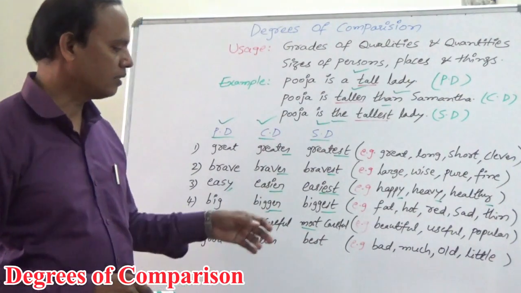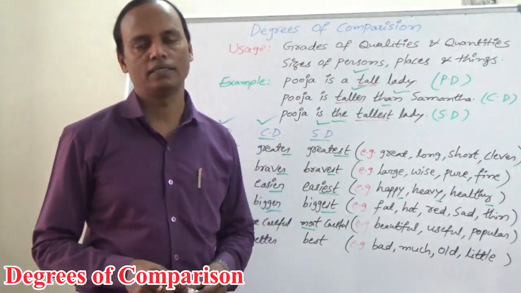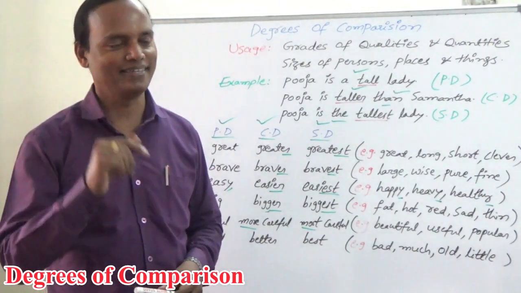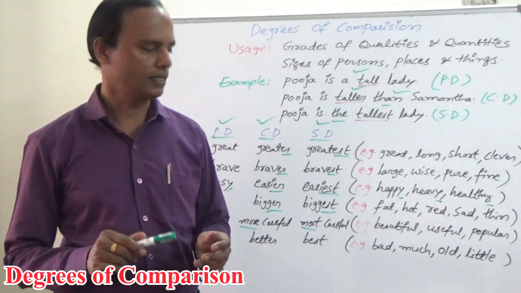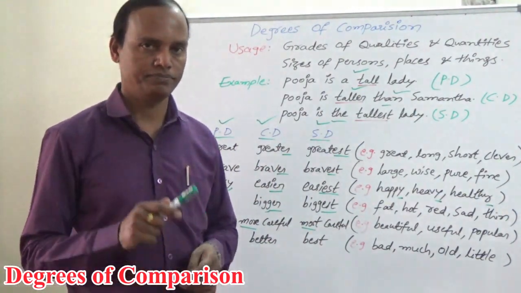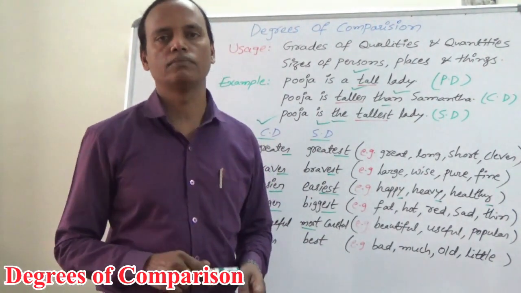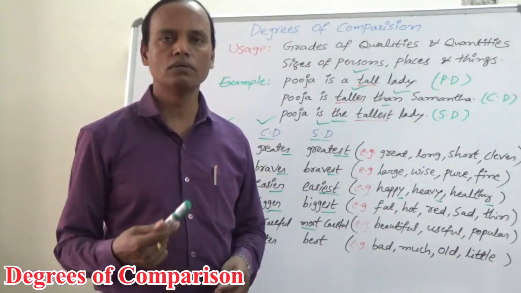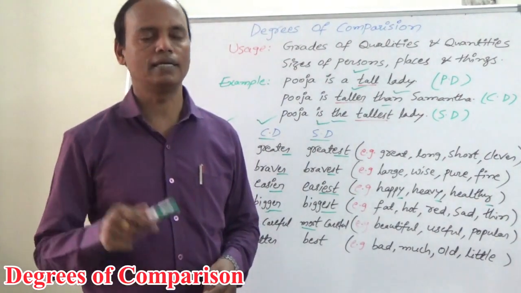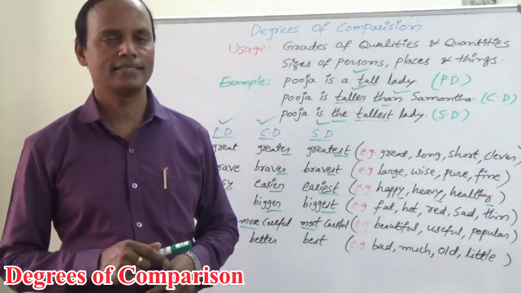Alright, then you can see in the example bad. You cannot write badder or baddest. Alright. Bad, worse, worst. Like this. You can practice. Then much, more, most. Then old, elder, eldest. Little, lesser, least.